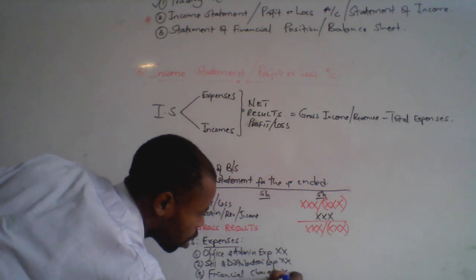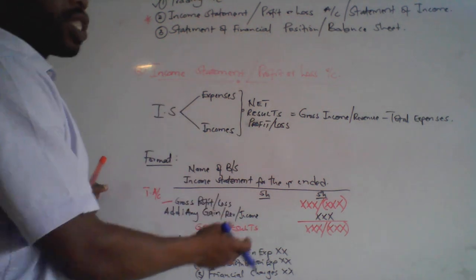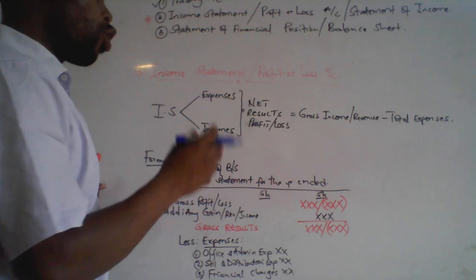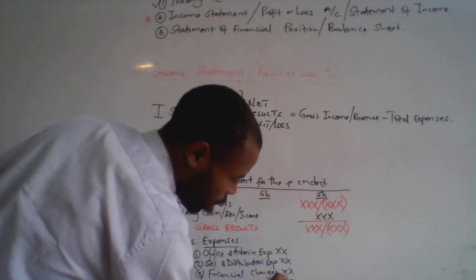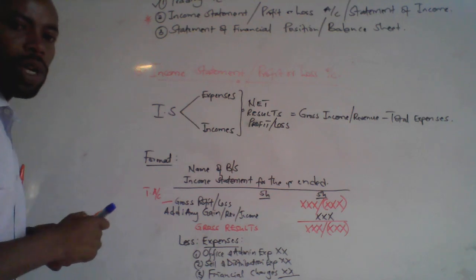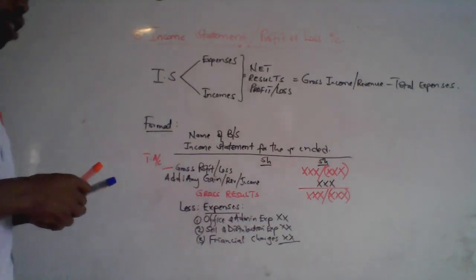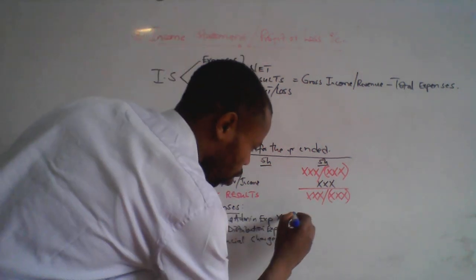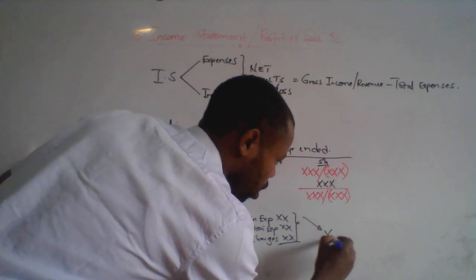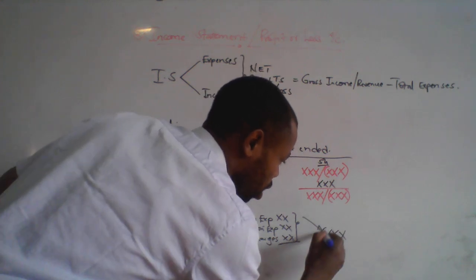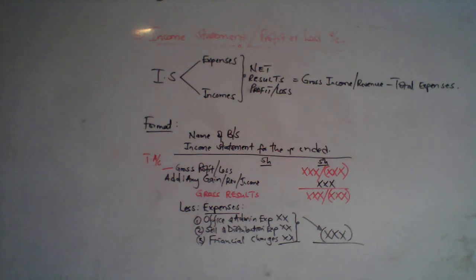These are the expenses that account for total expenses in the income statement. When you add all these three, you arrive at total expenses, and this total expense is supposed to be subtracted from the gross results that you had obtained.